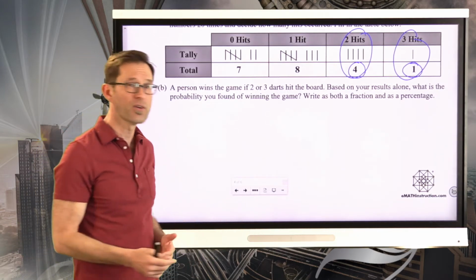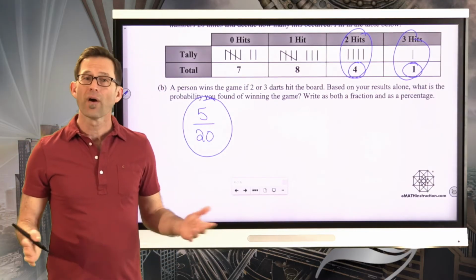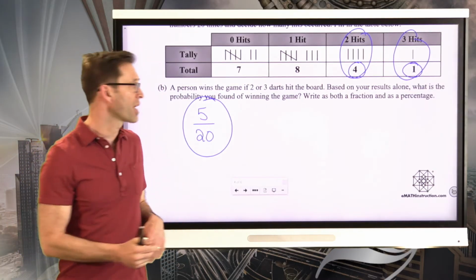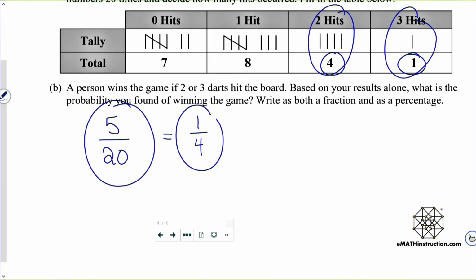I played the game 20 times, right? And 5 out of those 20 times, I got a win, right? Now, 5 out of 20, that's a nice fraction. Okay, I can actually reduce it to 1/4. And that is, of course, 0.25 as a decimal, which is 25%.